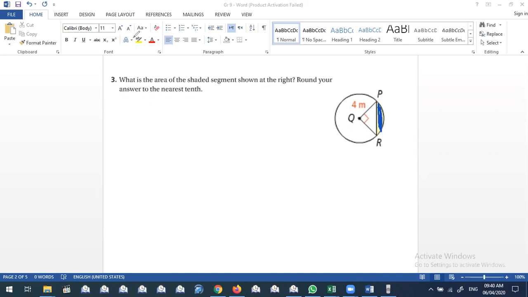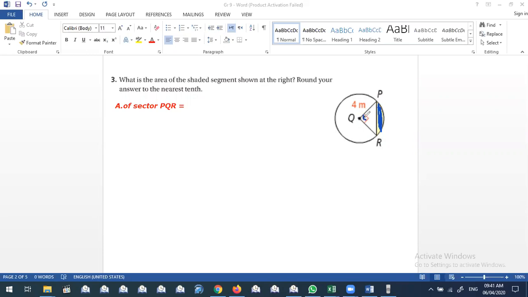Let's find the area of sector PQR. The area of the sector equals the measure of the arc of this sector, which is 90, the arc of this sector, which is BR.